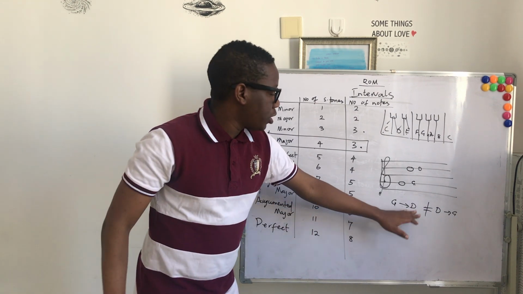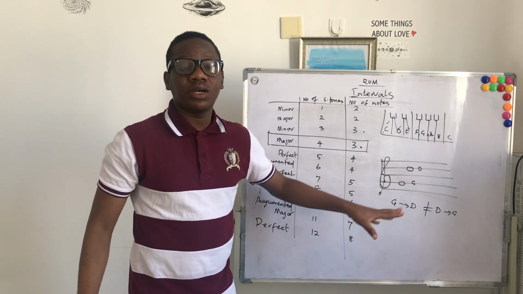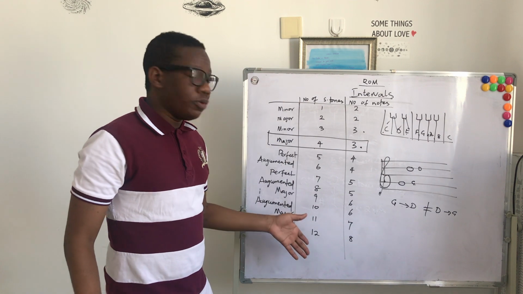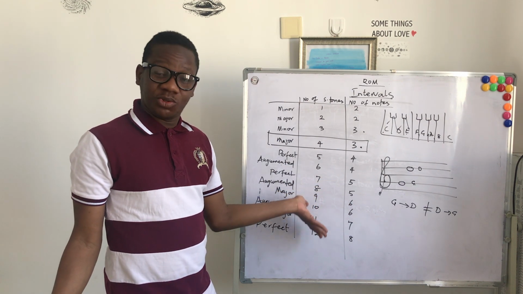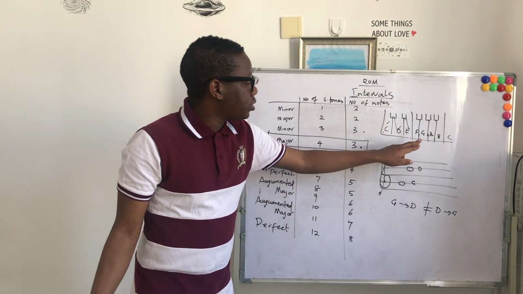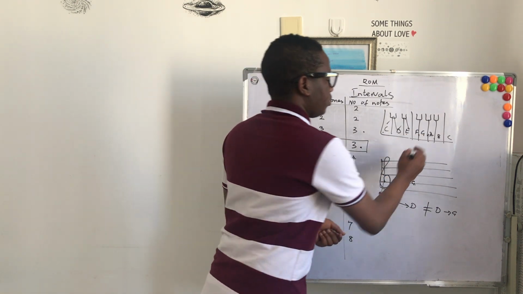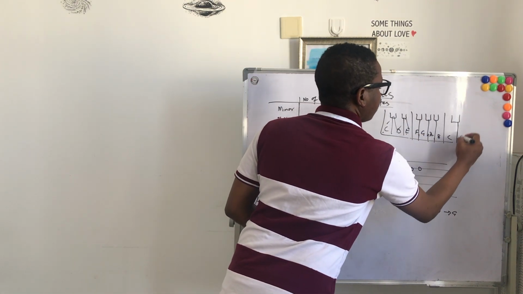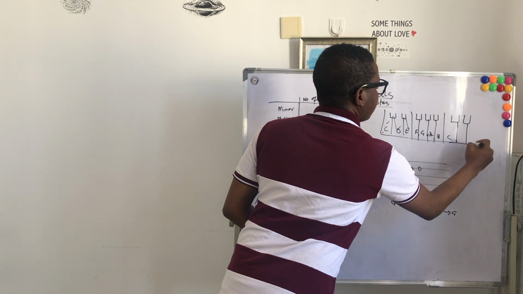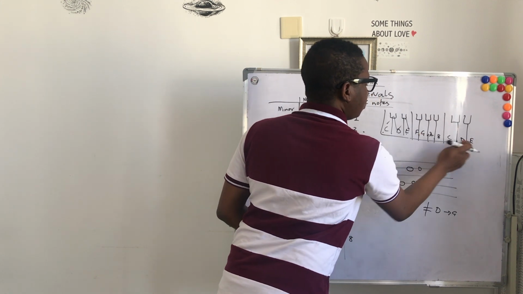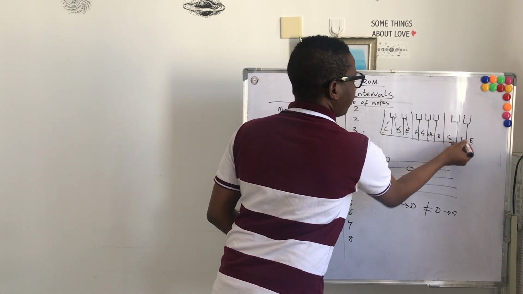So now we can calculate. Once we know this, we can always calculate with our table what this interval is. So let's do that. G to D, this is G. G 1, 2, 3, 4, 5 is a fifth.